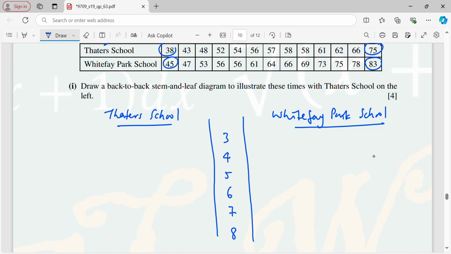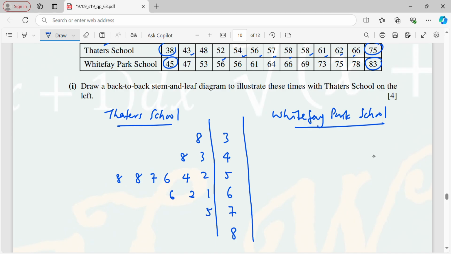Okay, so now they are arranged in order, so I will start writing 38, 43, 48, 52, 54, 56, 7, 8. One more, 50, 58, 61, 62, 66, and then 75. Done for the first school.